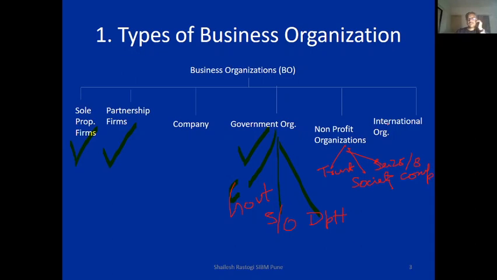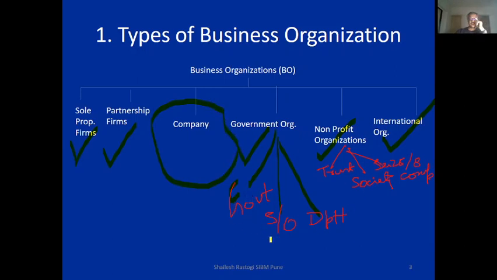And then we have got a plethora of international organizations which covers UNESCO, WTO, WHO, UNICEF and all. These are the possible six types of organizations which are existing in India, but this is something which we have not talked about.